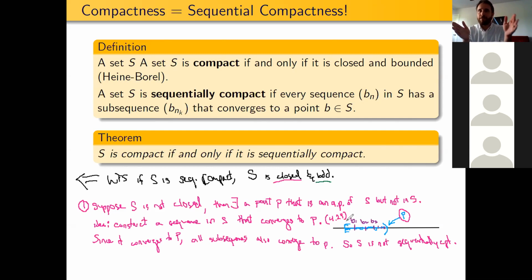So if a sequence converges to P, then any possible subsequence I choose also converges to P. And that would be a chapter 5 result. That would be theorem 5.10. So we had, okay, that was right here, 5.10. Perfect. Thank you.